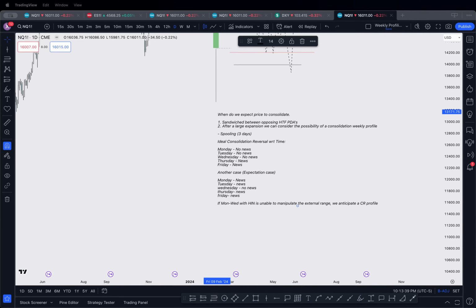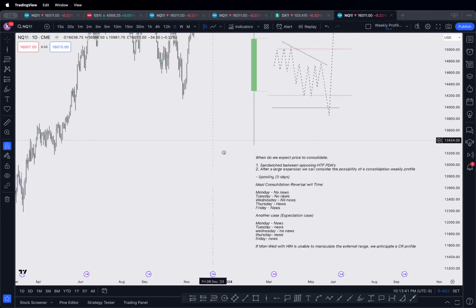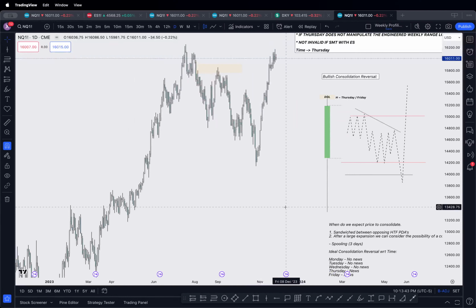If Tuesday does not engage a higher time frame PD array, what profile are you going to rule out? The classic expansion. If Wednesday does not engage a higher time frame PD array and consolidates within the range of Tuesday's candle, what do you expect now? What profile is on the top of your head? Consolidation reversal. Yep, there you go.